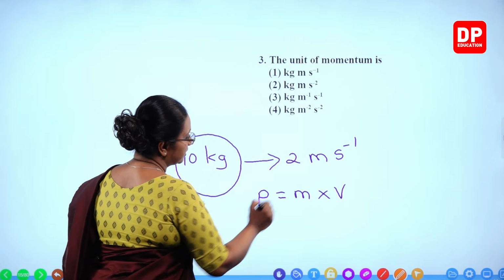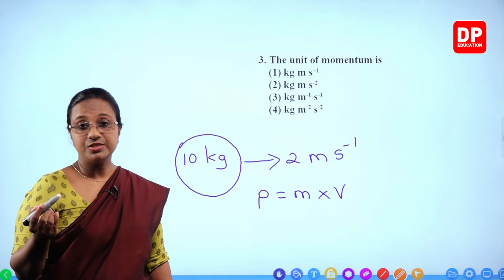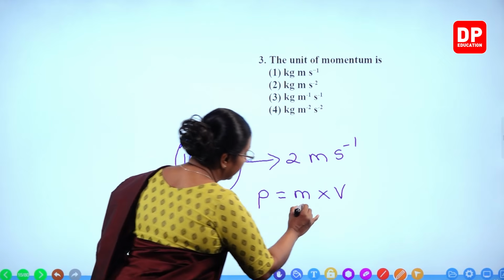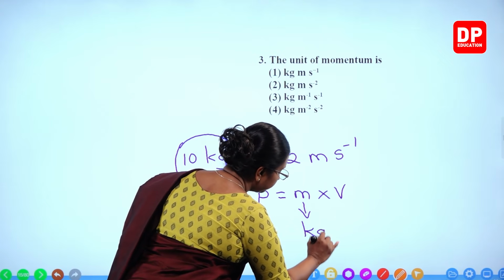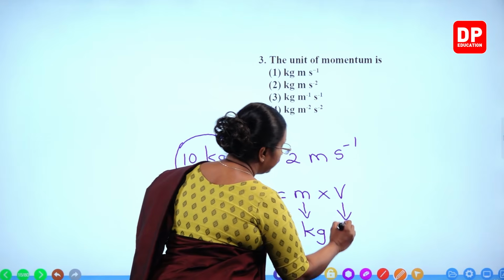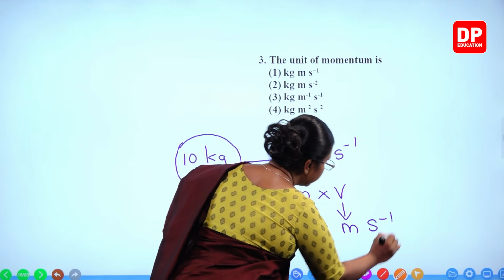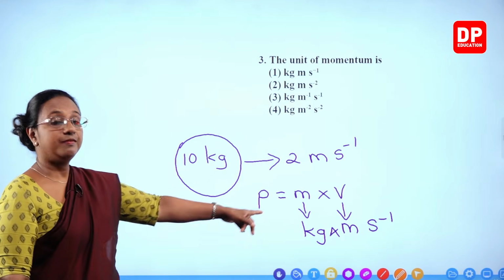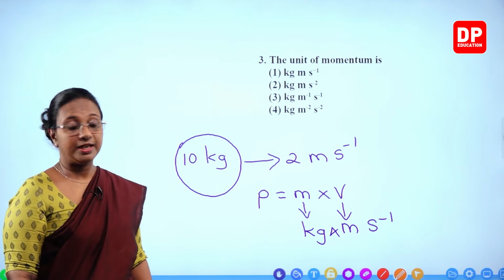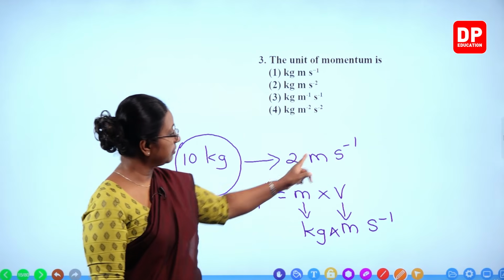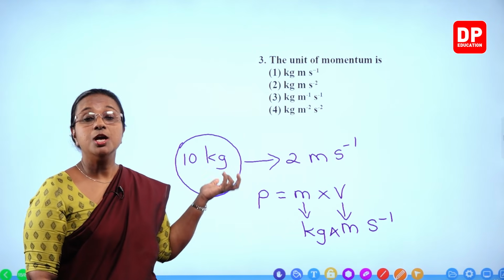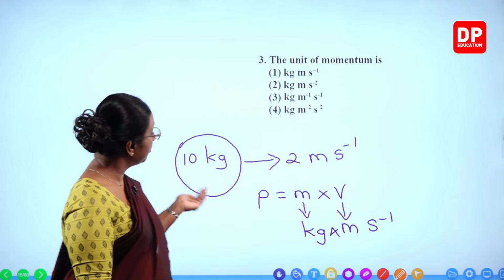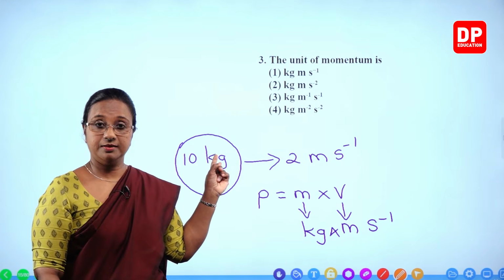So if we substitute the values, mass will be in kilograms and velocity will be in meters per second. So kilogram into meters per second will give you the unit for momentum. So here, of course, 10 kilogram into 2 meters per second will be 20 kilogram meters per second. That is the momentum of this particular object.